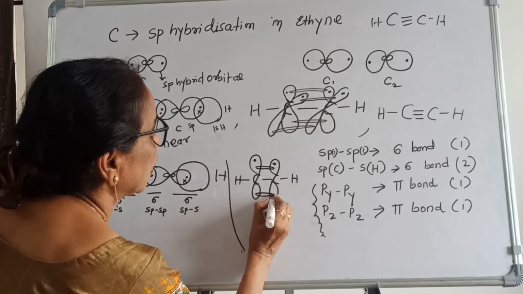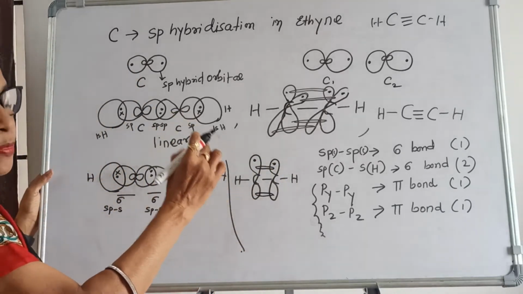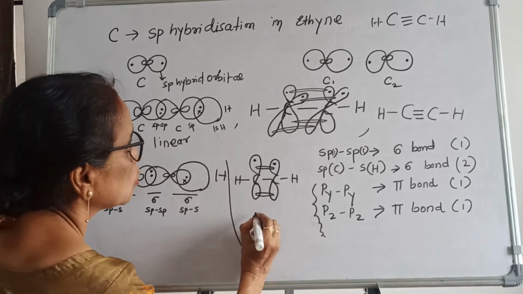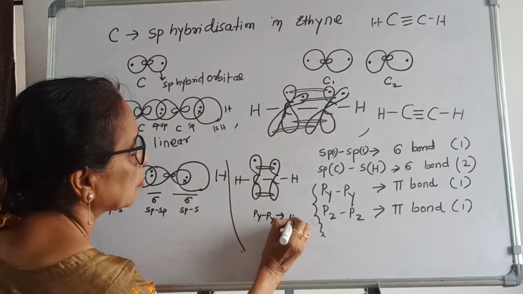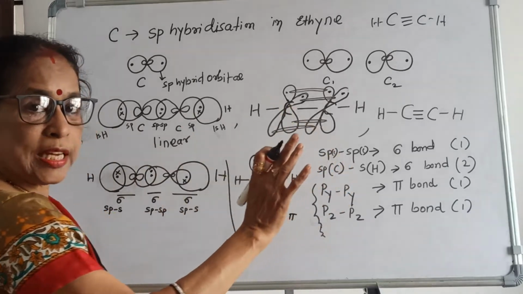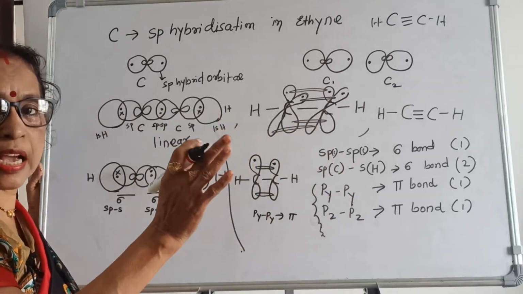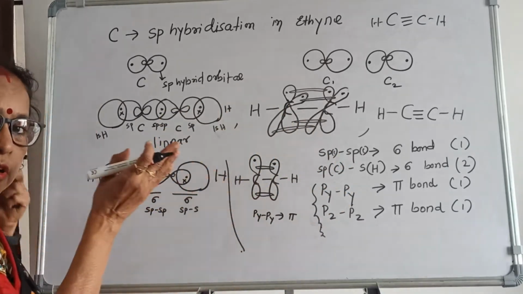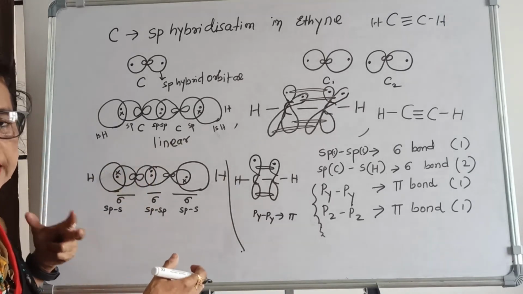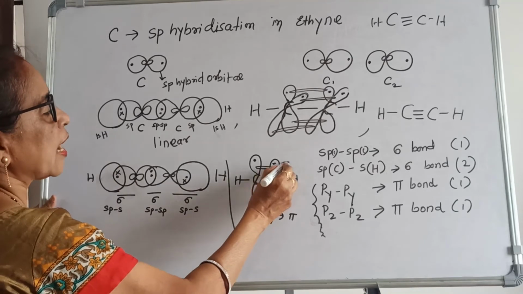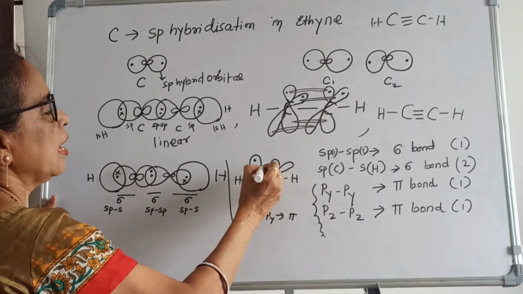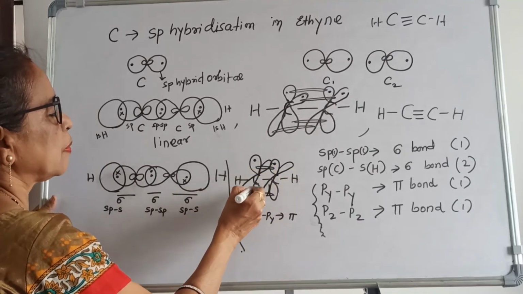Lateral overlapping, having two lobes, means one pi bond is formed. And pz is also an unhybridized orbital which can make lateral overlapping and form a pi bond.